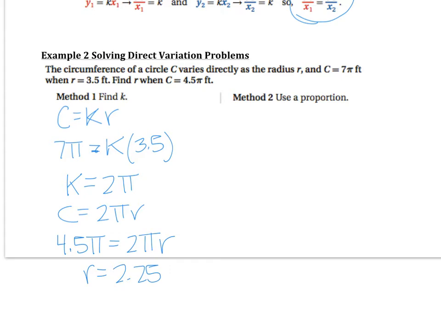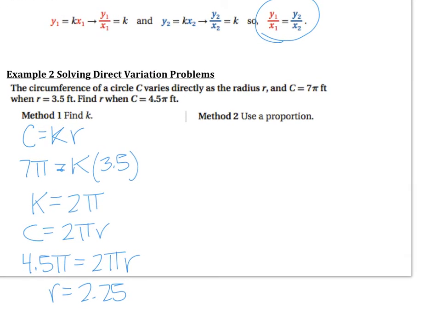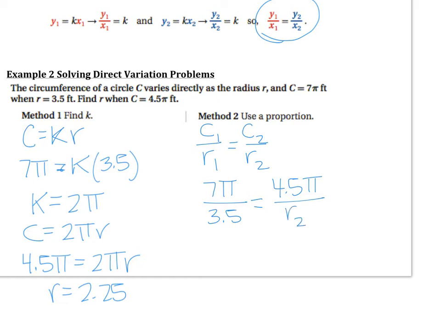Using the proportion method, we would use C1 over R1 equals C2 over R2. So C1 is 7 pi, R1 is 3.5, C2 is 4.5 pi, and I'm trying to find R2.